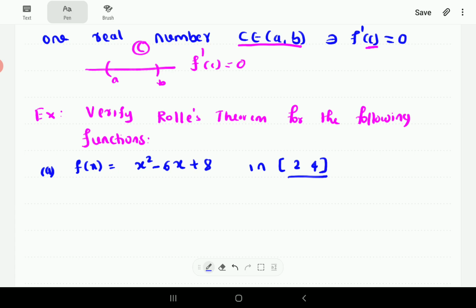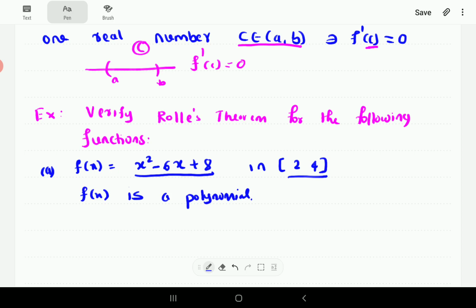Now, looking at the function, this function is a polynomial of degree 2. We know that a polynomial is a continuous function.